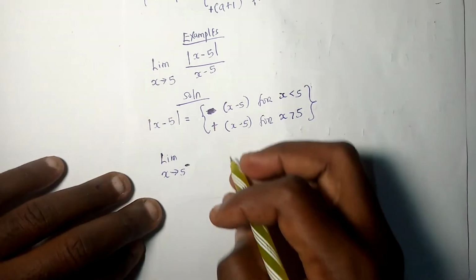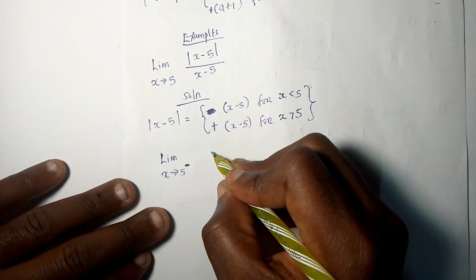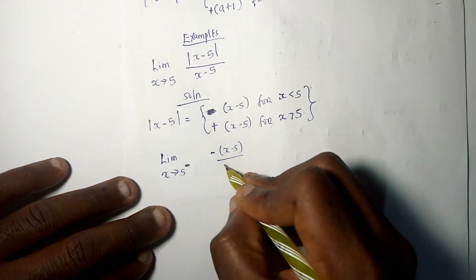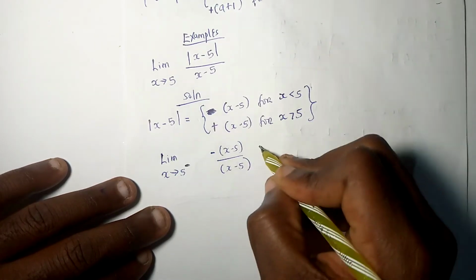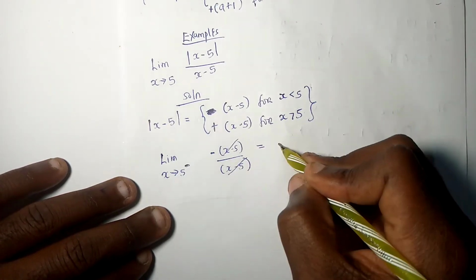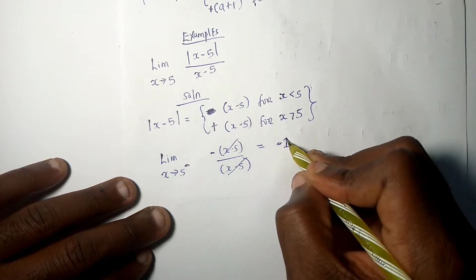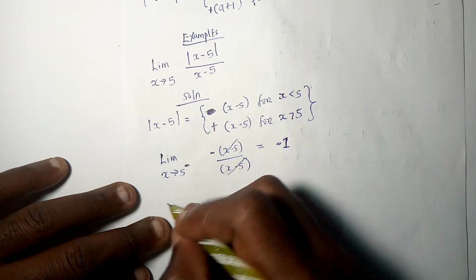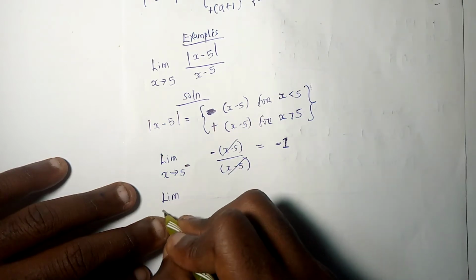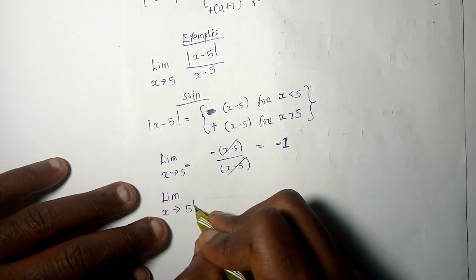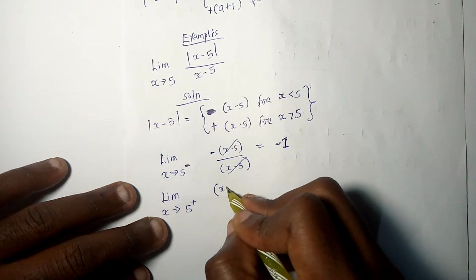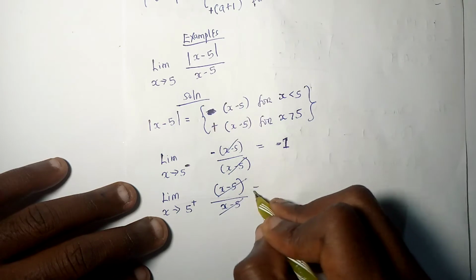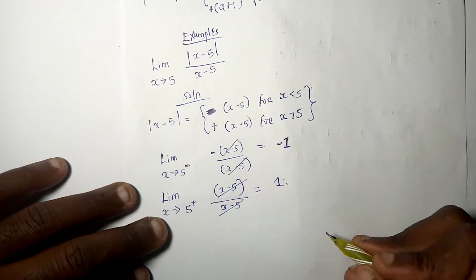In this case, we get minus (x minus 5) over (x minus 5), which of course cancel, and it's going to give us minus 1. Again, we can now take the limit as x approaches from the other side. You get (x minus 5) over (x minus 5). This and this will cancel, and it's going to give us 1.